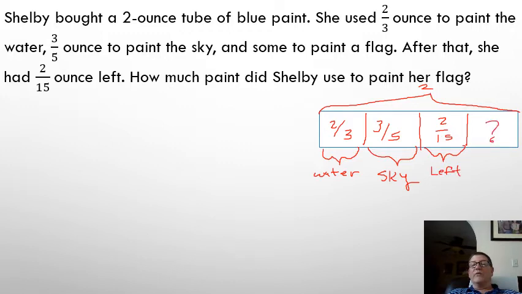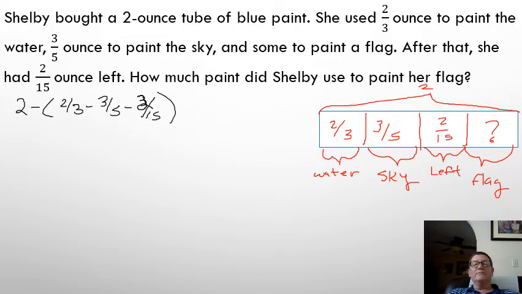Now, we're looking for how much she painted on the flag. So now that we have it all down, we can see that we need to solve for the flag by doing 2 minus the sum of 2/3, 3/5, and 2/15.